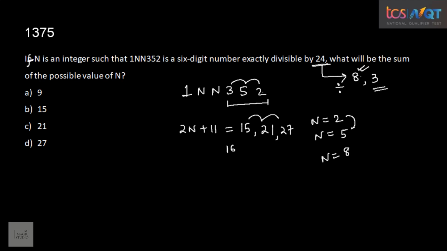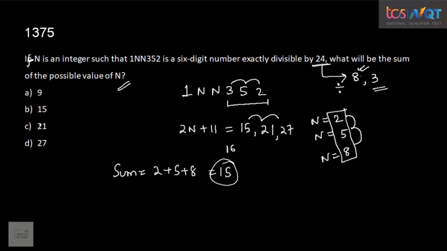So it is like 2, 5 and 8. After 8 we cannot get a one-digit number. So what will be the sum of all possible values of n? 2, 5, 8 are all the possible values of n, and the sum of all possible values of n is 2 plus 5 plus 8, that is 15, and it features in option B.